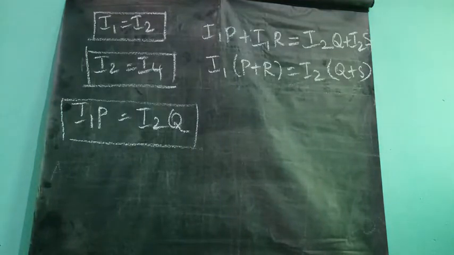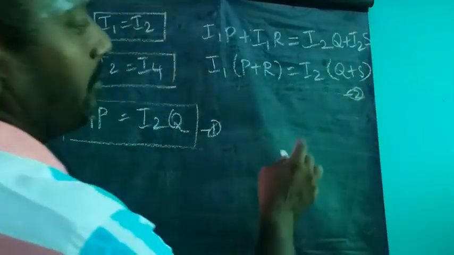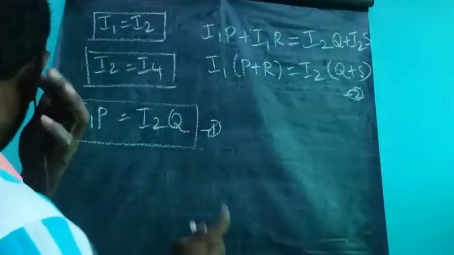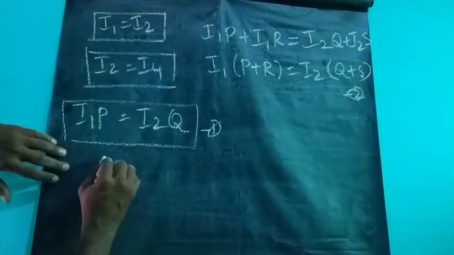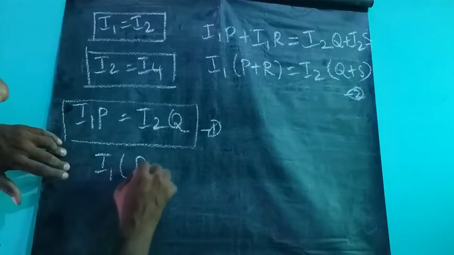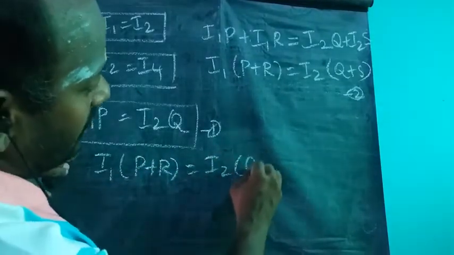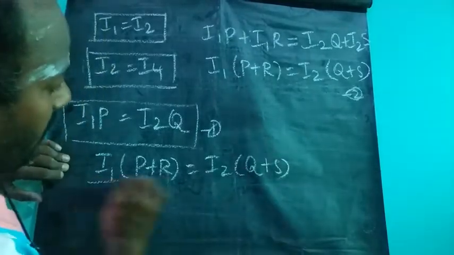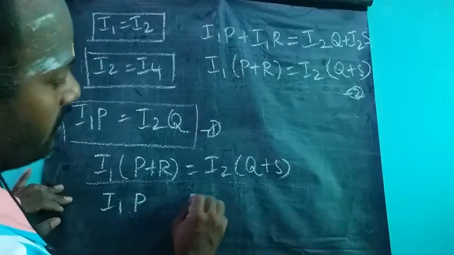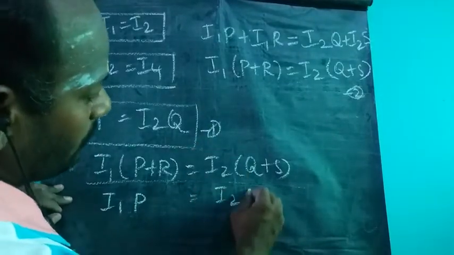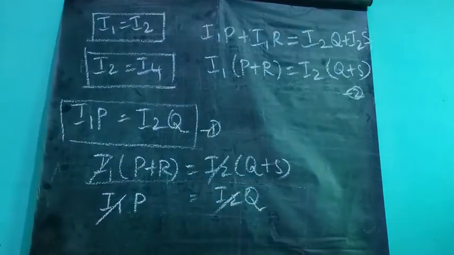Now consider this is equation number 1 and this is equation number 2. Now I'm dividing 2 by 1. So if I divide 2 by 1, what may happen? Just see. That is I1 into P plus R is equal to I2 into Q plus S, divided by, on the left side I1 of P, which is equal to I2 of Q. Now I cancel I1 and I2.